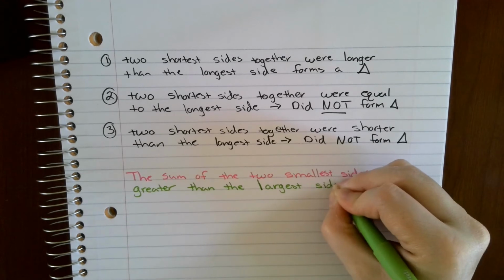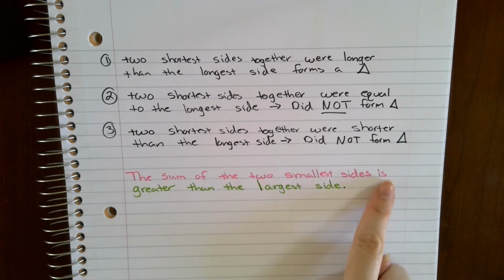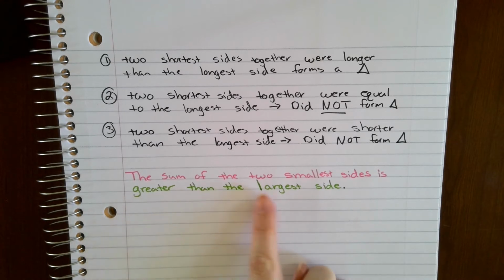The sum, which means adding, of the two smallest sides together needs to create a value or a length that is greater or larger than the largest side.